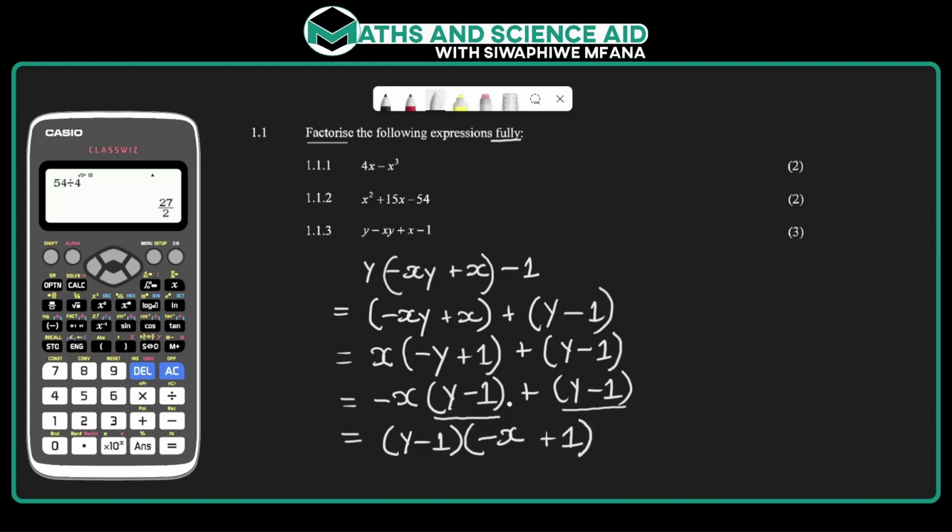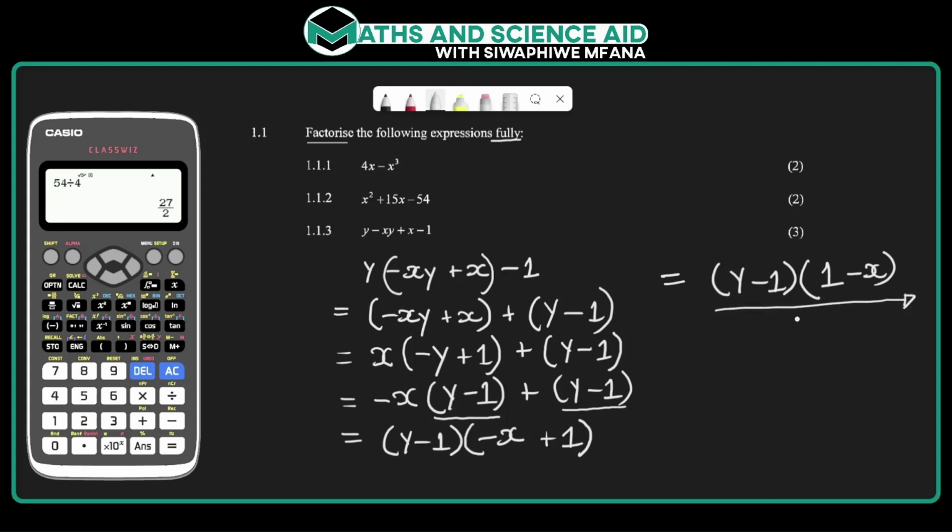You can do the division as I have shown you before. And now again, as your final step, you can rearrange these two terms so that you start with the positive number and then the negative number. So you are going to have y minus 1 and then in the second bracket you will have 1 minus x, and this is your final answer.